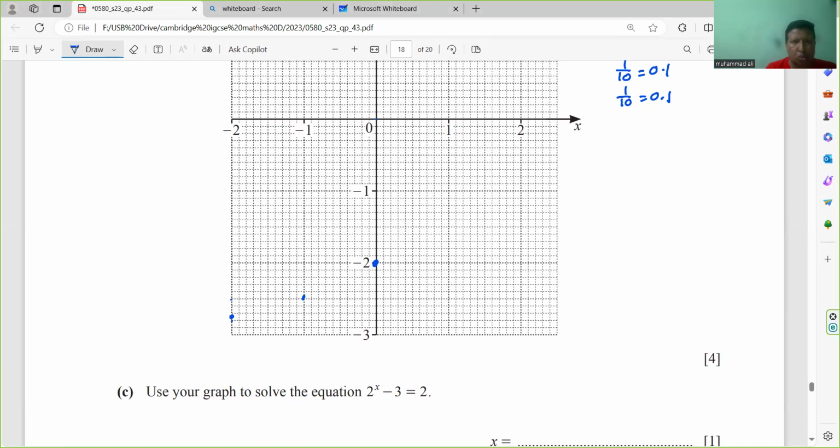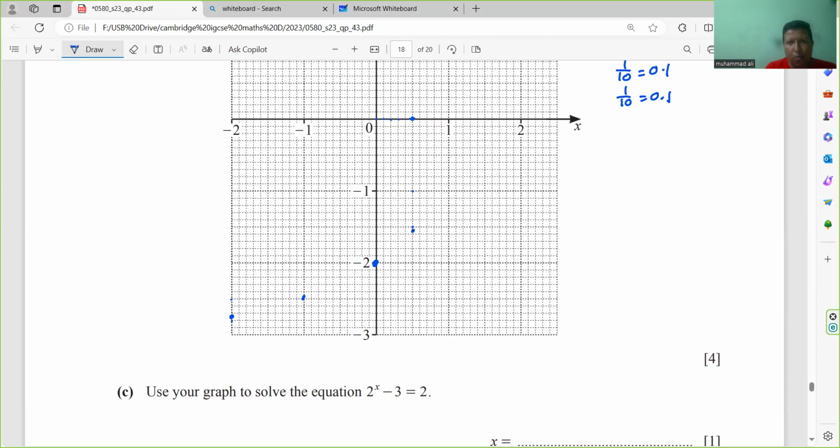When x equals 0.5, so this is 0.5. Why 0.5? Because this is 0.1, 2, 3, 4, 5. When x equals 0.5, y equals minus 1.58. So this is minus 1.5, this is minus 1.6, so minus 1.58 is here.